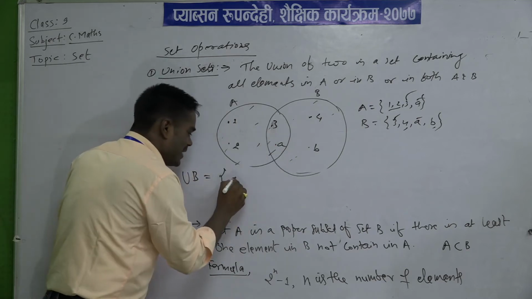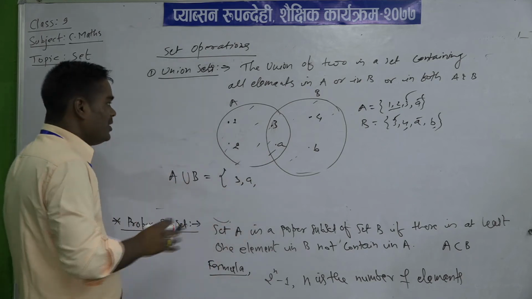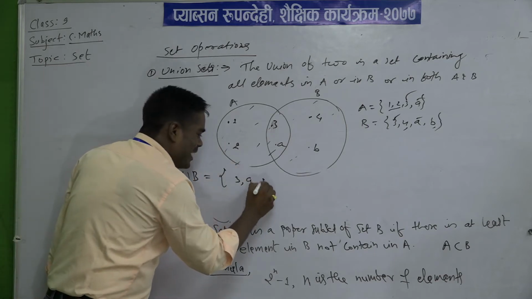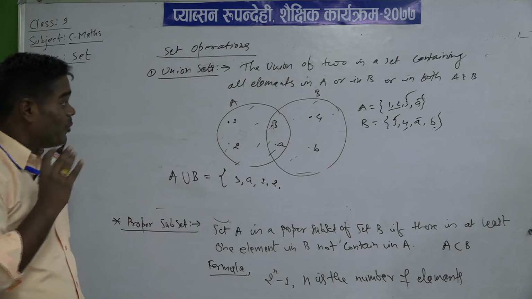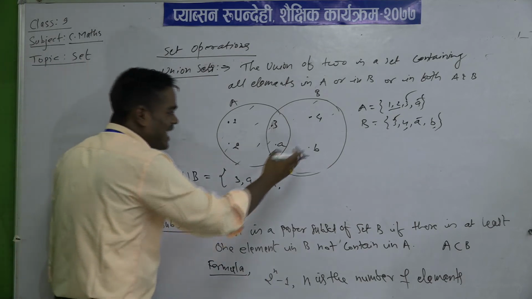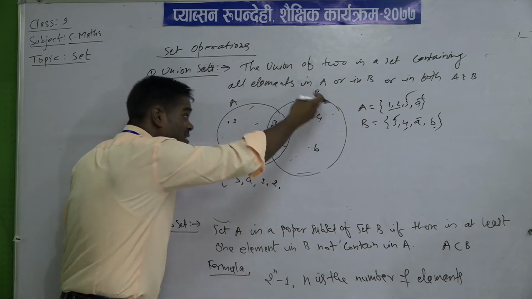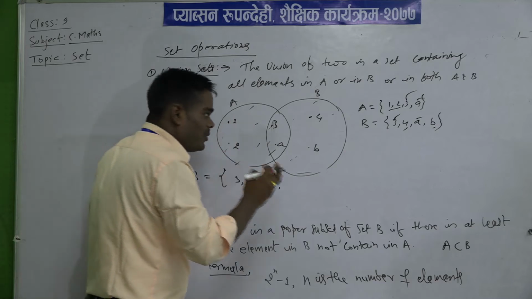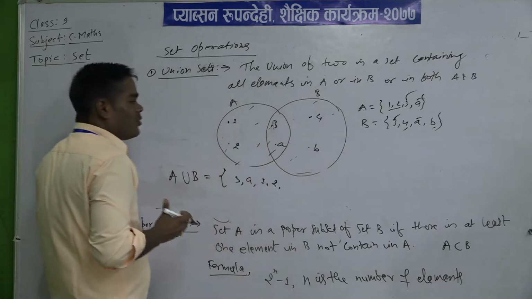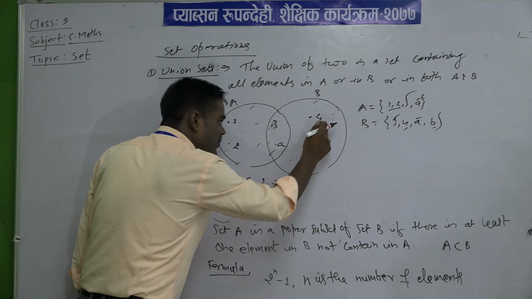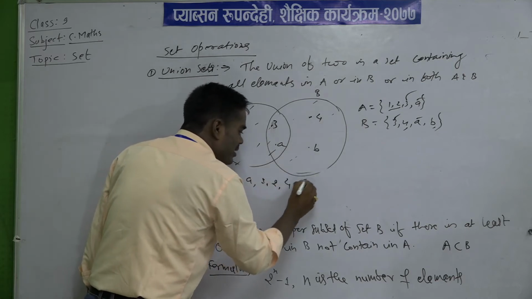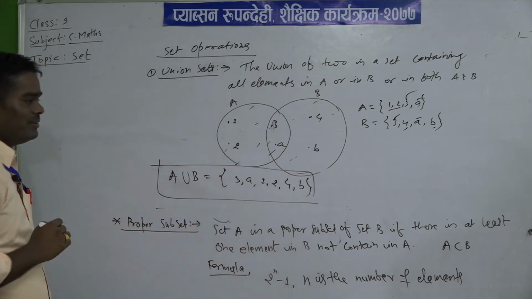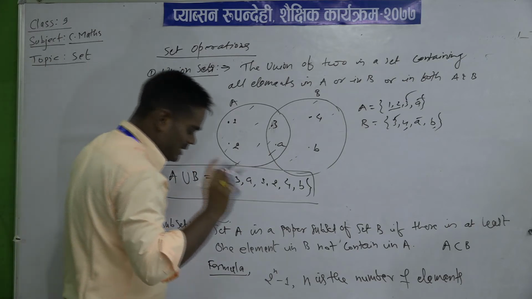So write here 3, and then the elements only in A, that is 1, 2. Then what are the elements only in B? 3 is lying in both, so that element is common to both A and B. So we have to take the remaining element of B, which is 4. Now this is the result of A union B. So this is about the union set.